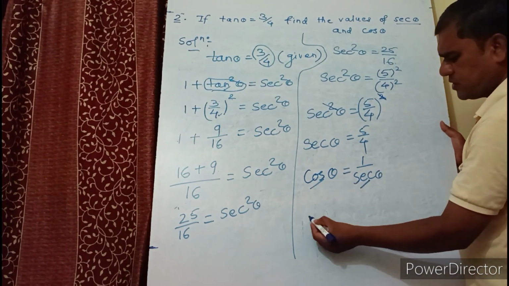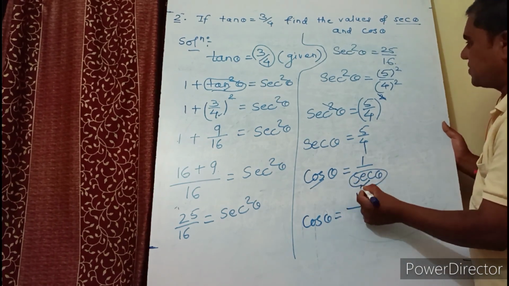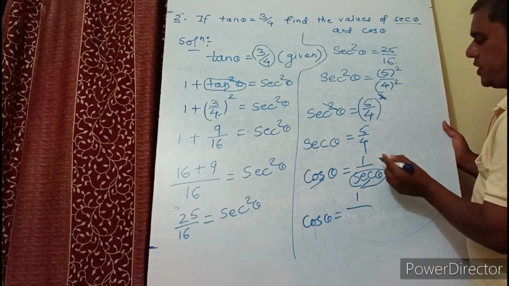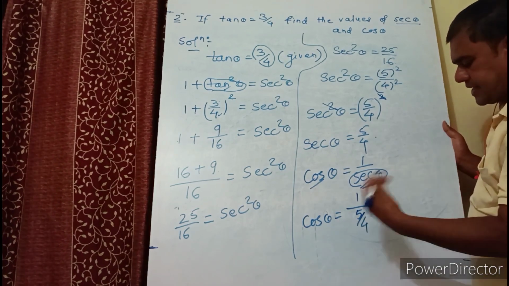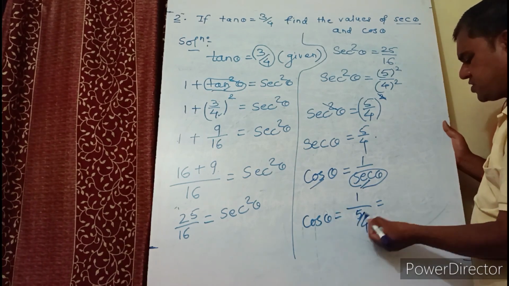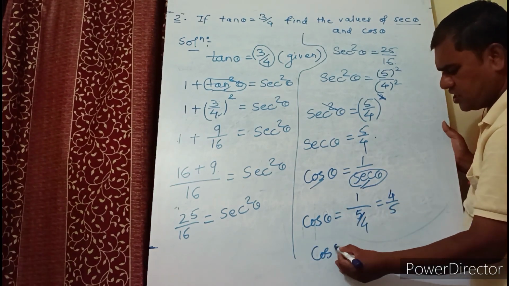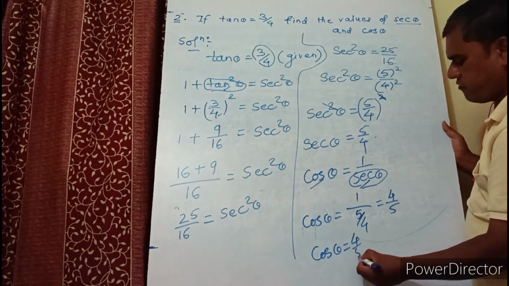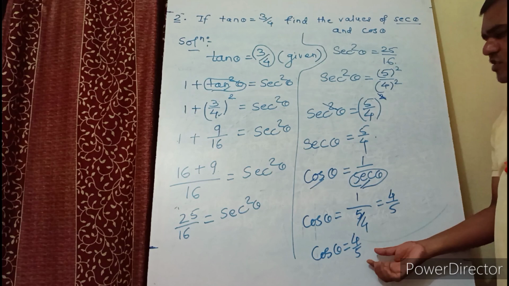Now by putting the value, cos theta equals 1 over the value of sec theta, which is 5 by 4. On solving, the inverse of 5 by 4 is 4 by 5. We get the value of cos theta: cos theta equals 4 by 5. In this way we have found the values of sec theta and cos theta.